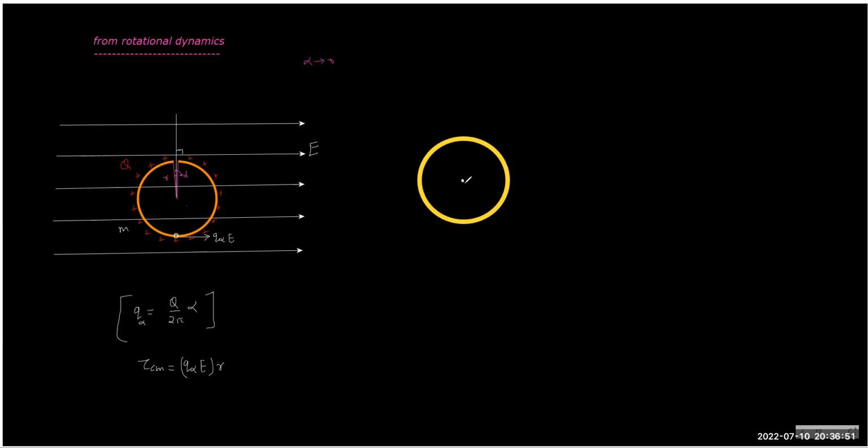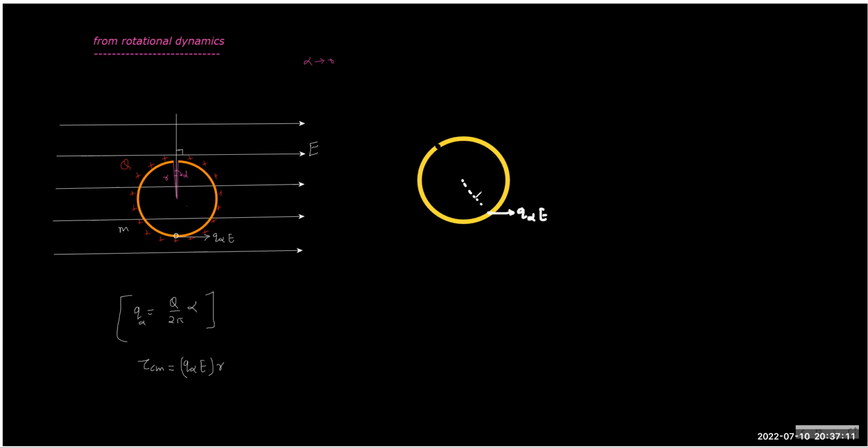This will turn somewhere here. So let me say the gap is now here. Not the gap, it is opposite actually. So the gap is somewhere here now. So it has turned somewhere here, and now the force is acting as Q alpha into E at this location.